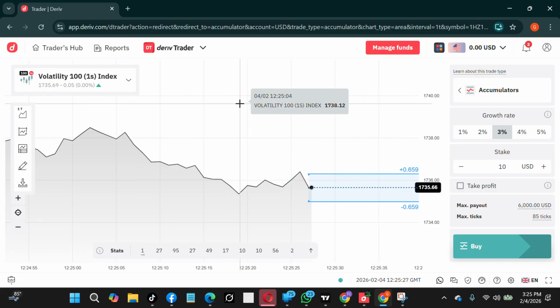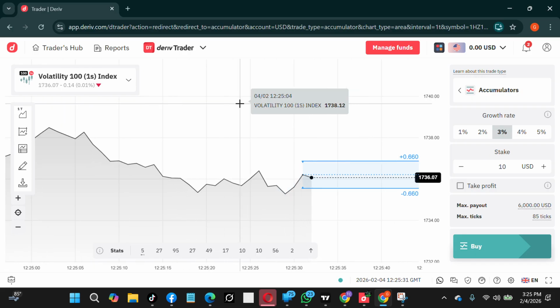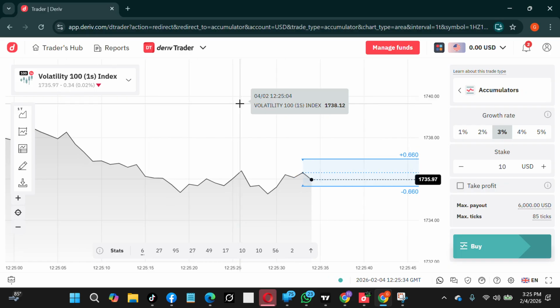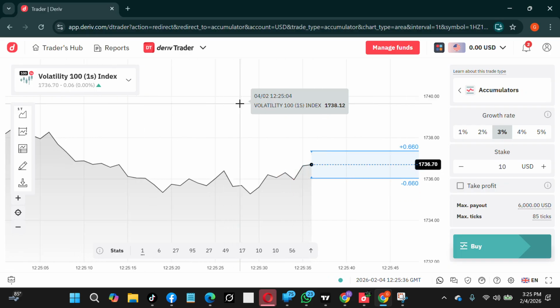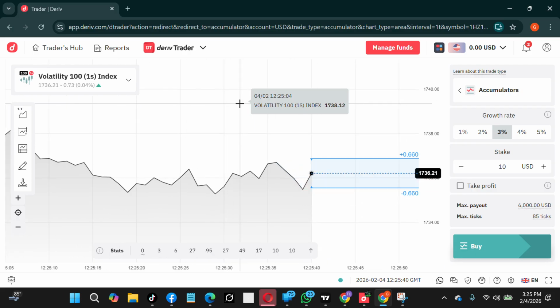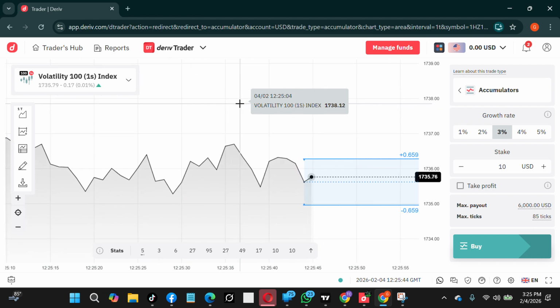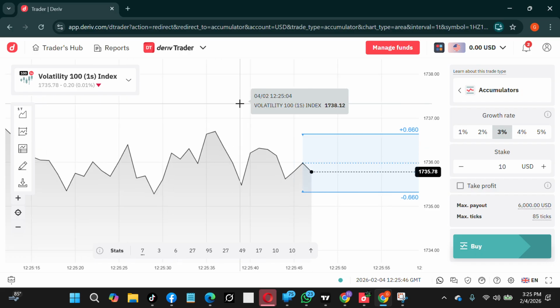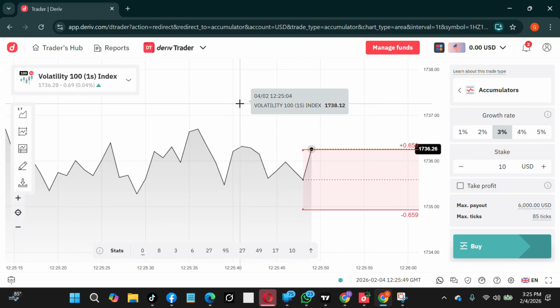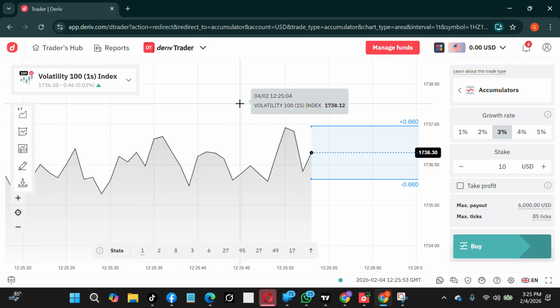So the assets in the forex market are the currency pairs, maybe EUR/USD, GBP/USD, USD/JPY, and so on and so forth. Remember, I told you at first when I started this particular class that this Deriv normally mimics the real-time forex market. It's just that these markets are computerized.